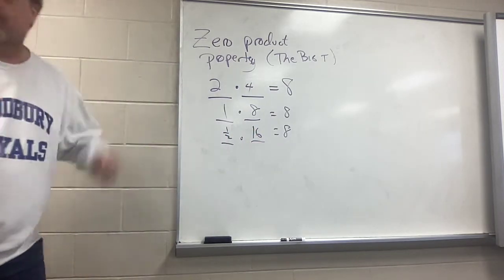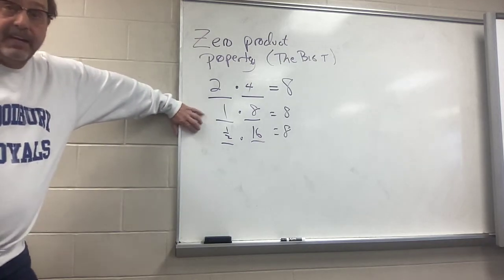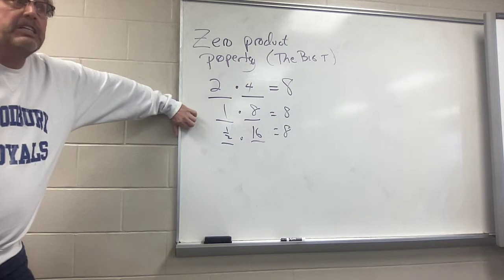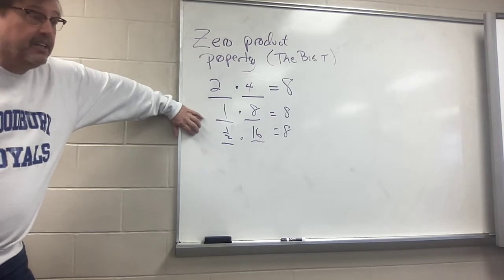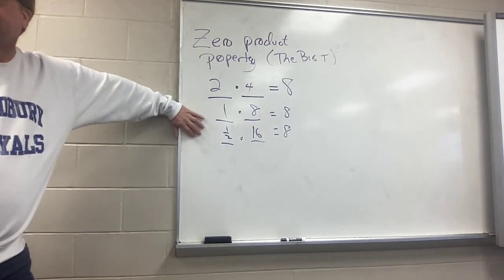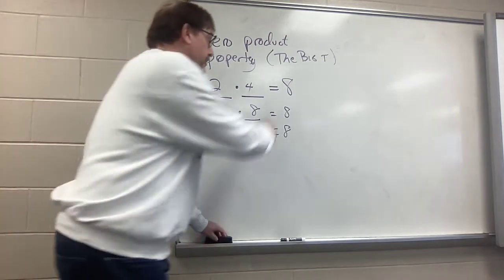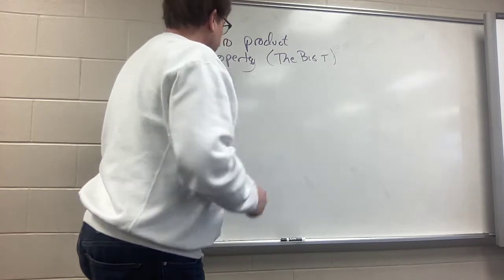There are a lot of great ways that could work. How many ways are there? Infinite. So if this says equals 8, there's an infinite amount of ways to make both of those things.